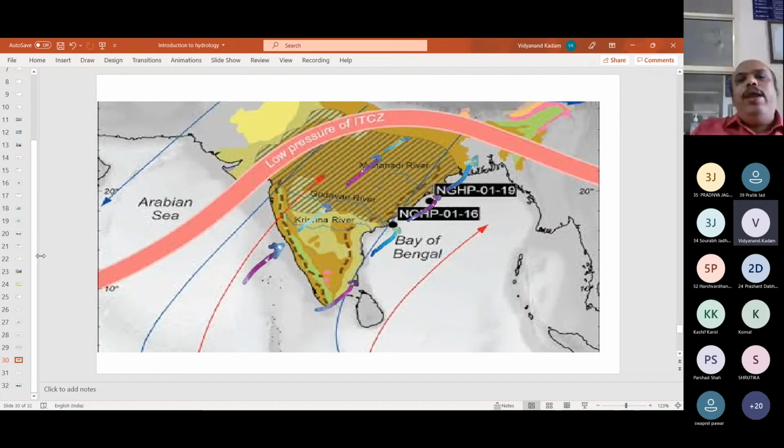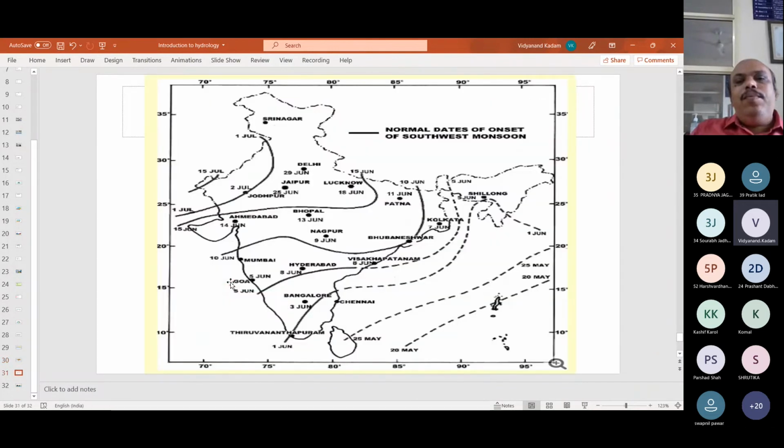So this is how the monsoon takes place in India. That is the role of trade wind in the development of ITCZ, and the role of ITCZ, which results in the precipitation over the Indian continent.